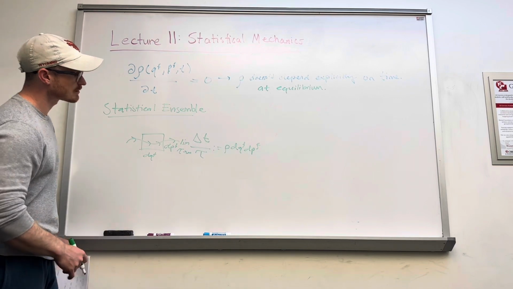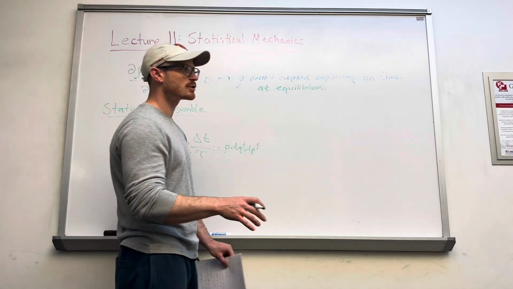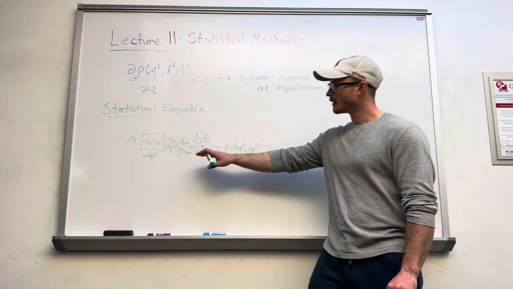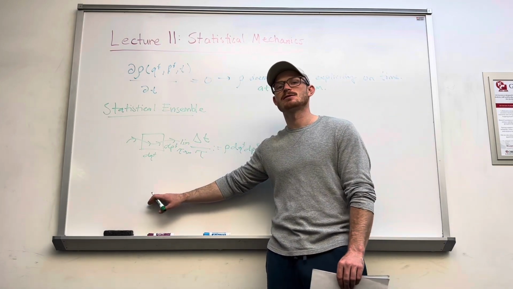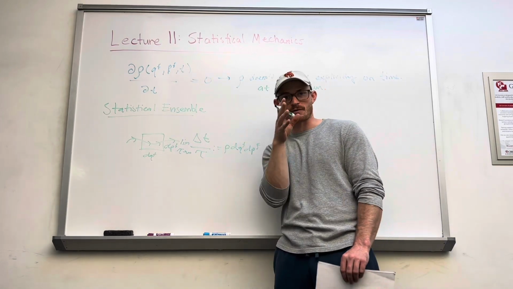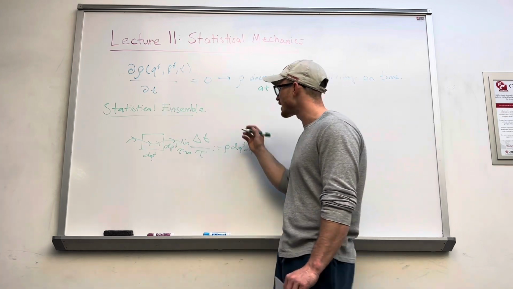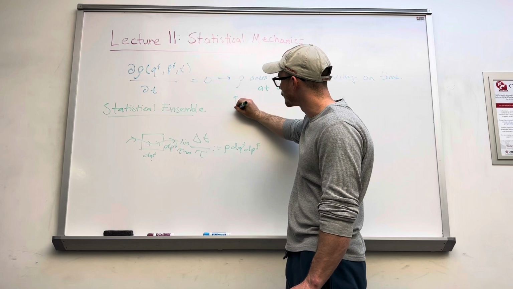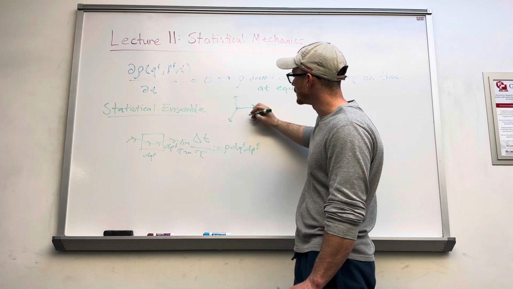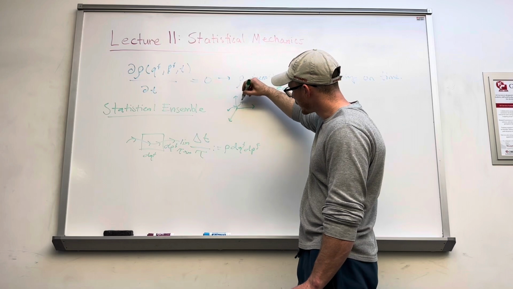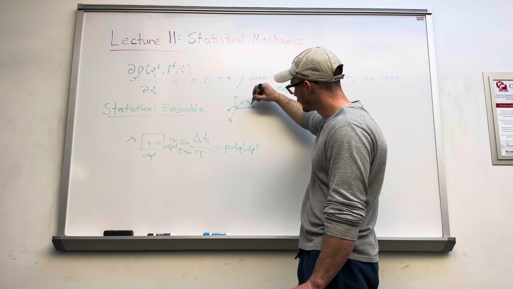A statistical ensemble is essentially just if we imagine that our system had multiple copies, or a large number of equivalent copies. And when I say equivalence, I mean equivalence in a very specific way. So let's think about what that means. Let's suppose I have some phase space here, and I've got a phase trajectory, right?